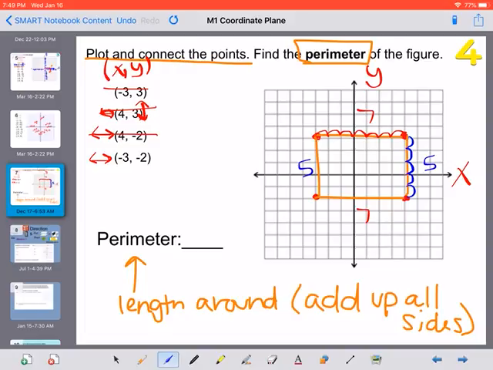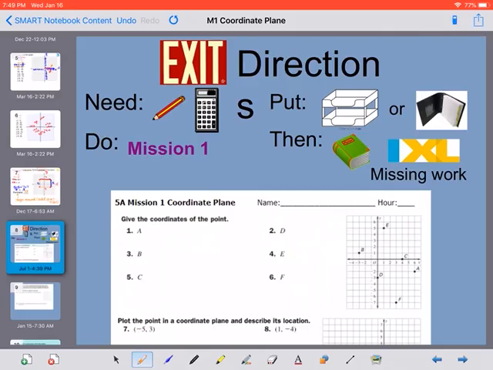And same on the other side. So 5 plus 5 plus 7 plus 7. Well, I know 5 and 5 is 10. 7 and 7 is 14. So if we add those two together, 10 plus 14 should give us a total of 28. You will have 2 questions, I believe, like that on your homework.